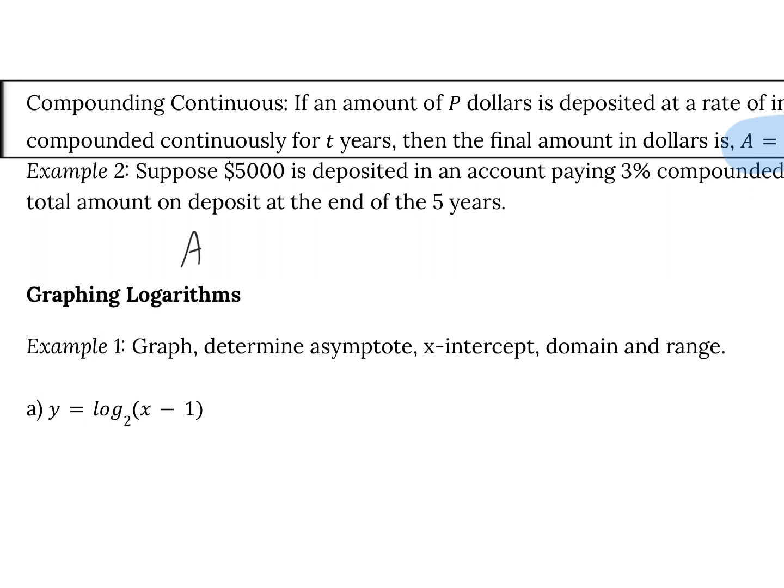So my amount would be equal to 5,000 times e to the 0.03 times t, or times 5. And if I plug that in my calculator, I got, again, approximately 5,809.17. Plug that in your calculator, check to see at some point that you get the same answer as me.